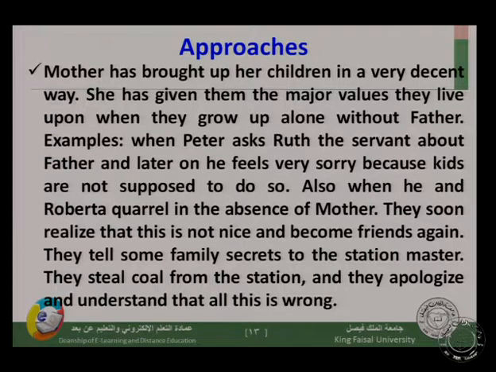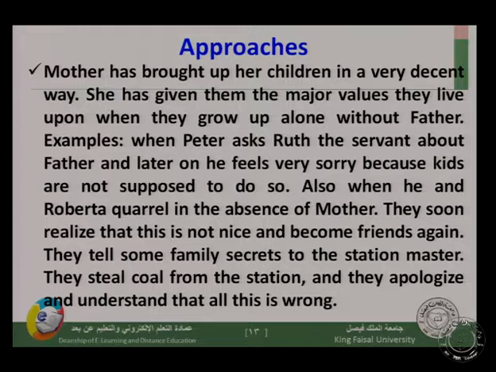You will know that father leaves them after a while and she becomes busy. When she becomes busy and the children are alone without the continuous presence of father or mother, they have the values they remember from what their mother told them before. Examples.